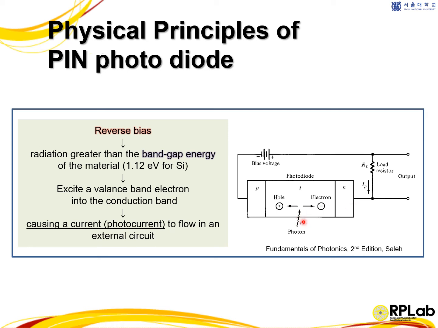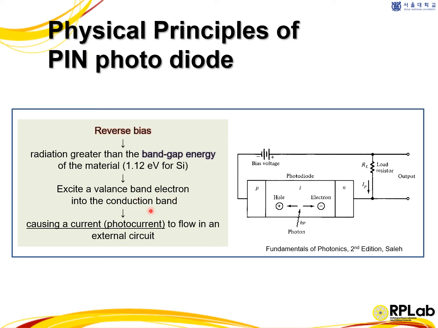At first the photon is transmitted to this intrinsic region. There is an incoming photon here, and it will create electron hole pairs. When the radiation energy is greater than the band gap energy of the material, for example 1.12 electron volt for silicon, it will excite the valence band electron into the conduction band.